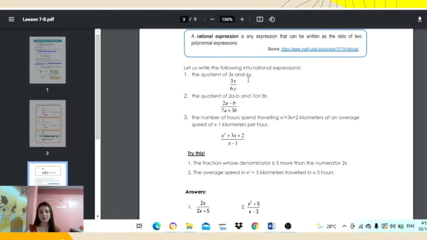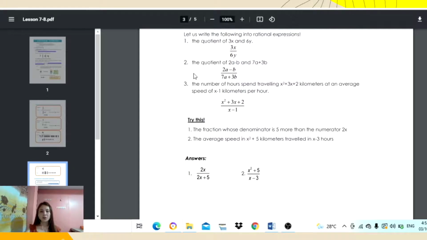So quotient meaning we divide 3x by 6y, or we simply can write 3x and 6y in fractional form, in which 3x here is the numerator and 6y is the denominator. So this is the rational expression for statement number 1.